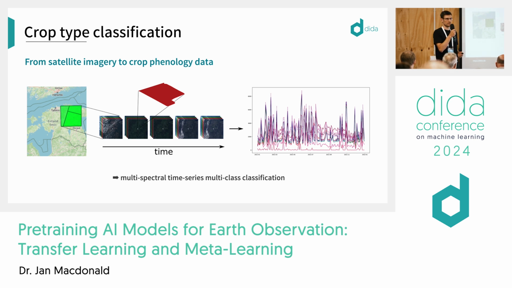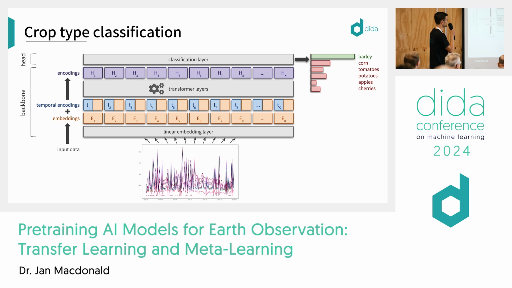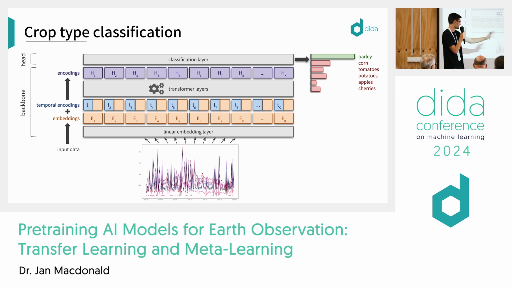For those that have been in the previous talk here, we also use a transformer model, but unlike the large language models, ours is not as large, so way smaller than the models that are usually used in modern text analysis. But the underlying principle is very similar. Instead of words, we have the different time steps.